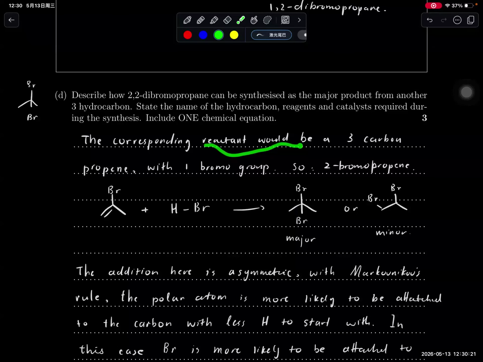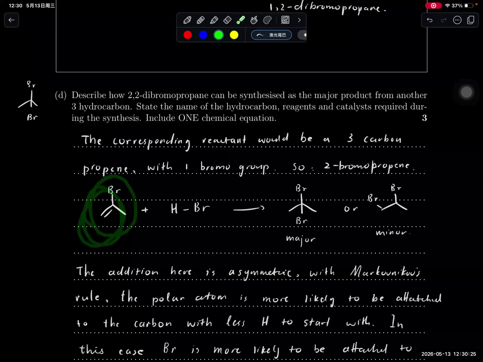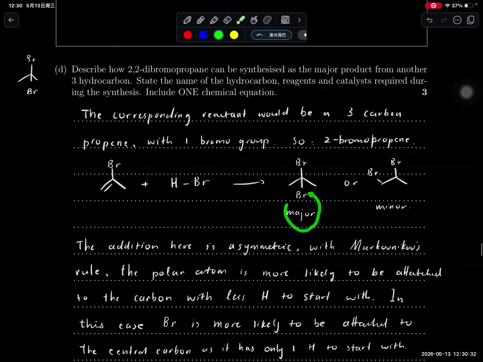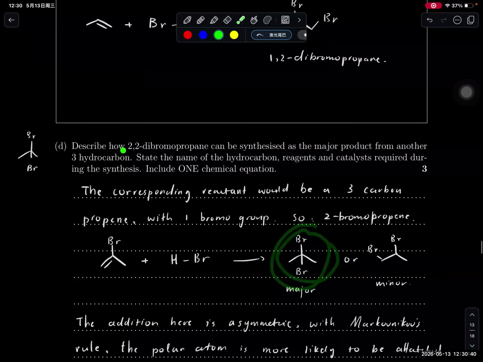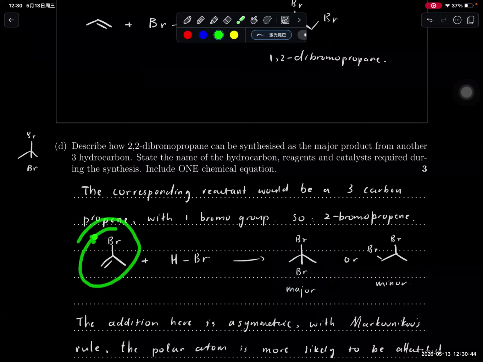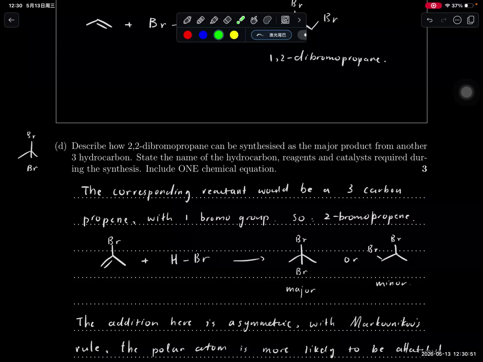The corresponding reactant will be a 3-carbon propene, which would react with HBr and form this or this. We want this one, and we want the major product. The addition here is asymmetric, so use Markovnikov's rule to justify that this is the major product and this is how we form it. Based on what you want to form, you have to be able to draw the structure and figure out the reactant using what you know. Later on, we'll have more options with more functional groups.